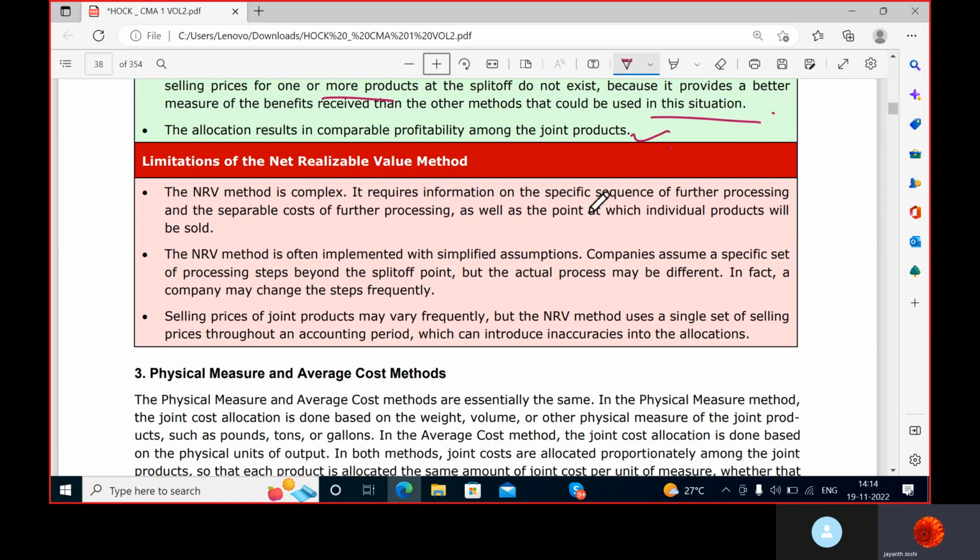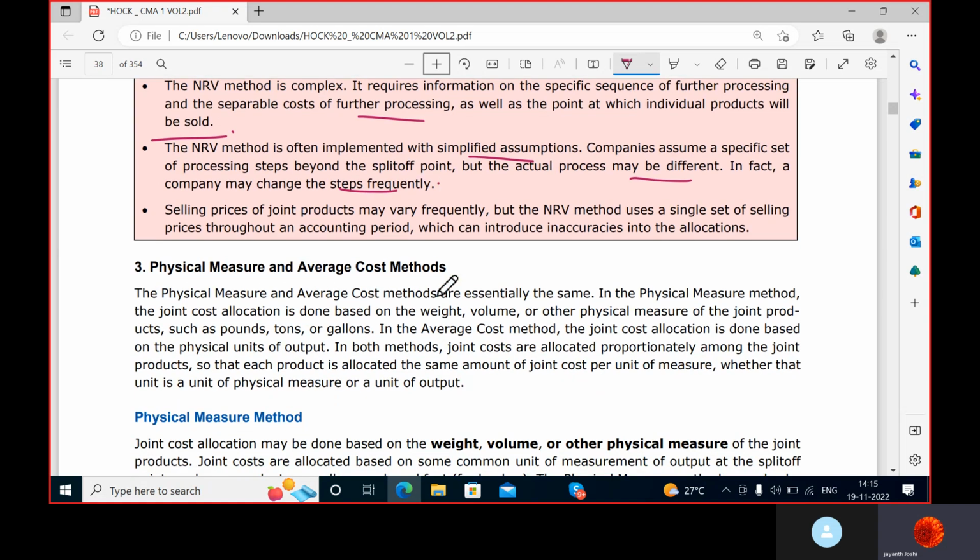It requires information on the specific sequence of further processing and separable cost of further processing, as well as the point at which individual products will be sold. NRV method is often implemented with simplified assumptions. Companies assume a specific set of processing steps beyond the split off point, but the actual process may be different. Of course, they estimate. In fact, a company may change the steps frequently. If whatever you estimate is not the one which you are going to do, that is also there, which is going to happen always in that way.